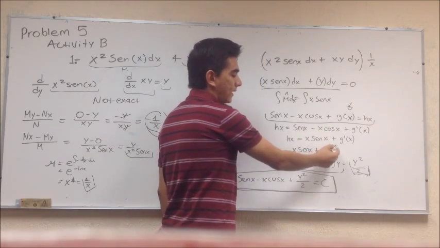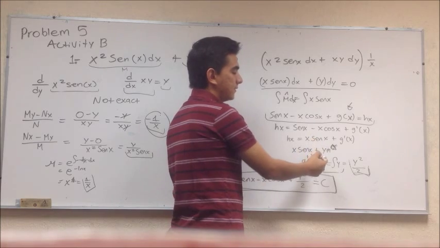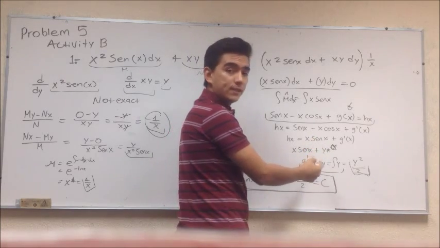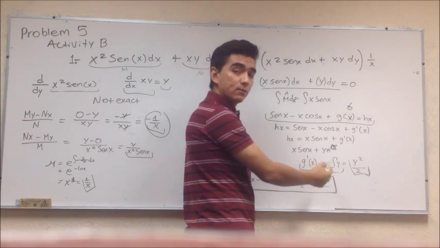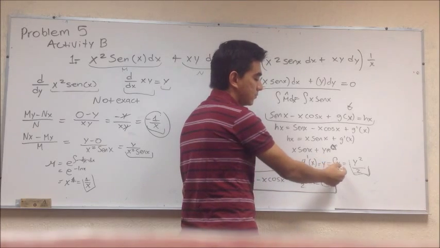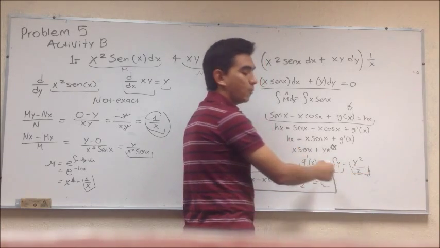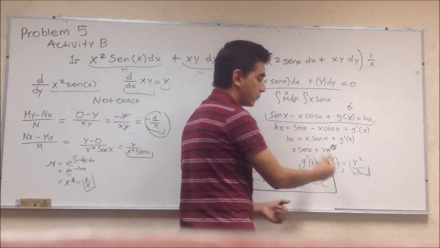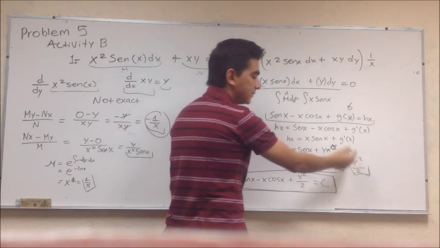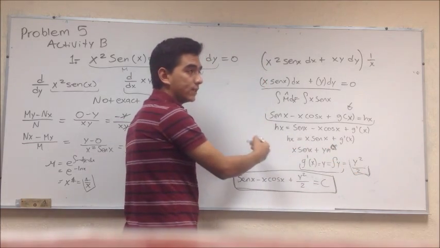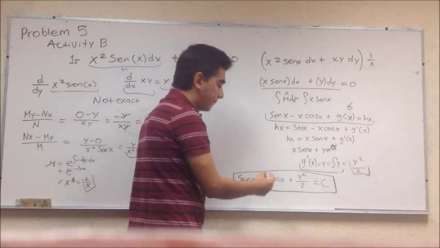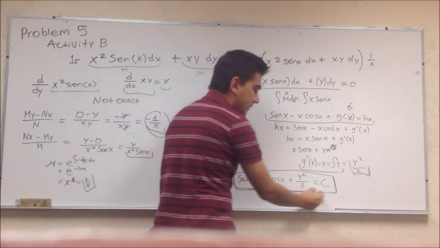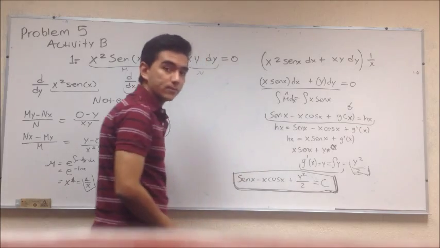Here we have with all the results that the value of g is y. Then we integrate g, that is y, and we obtain y elevated to the square divided by 2, and substituting this and then with all the values that we obtained before, we have that this is our final solution.